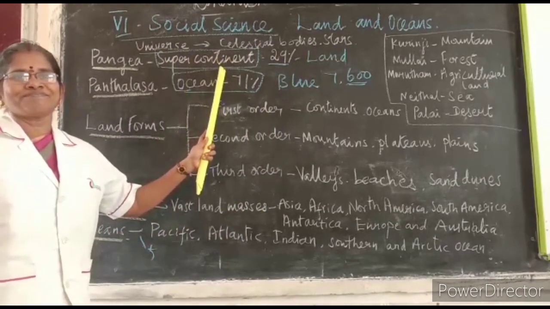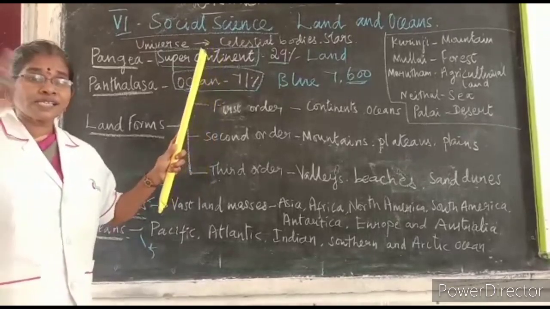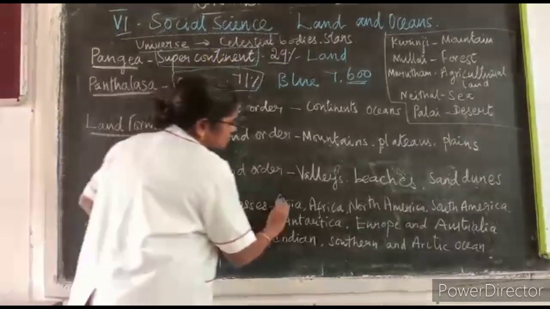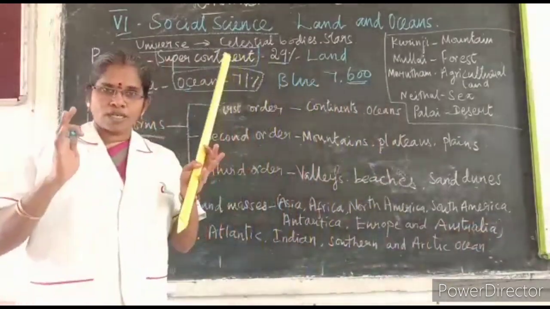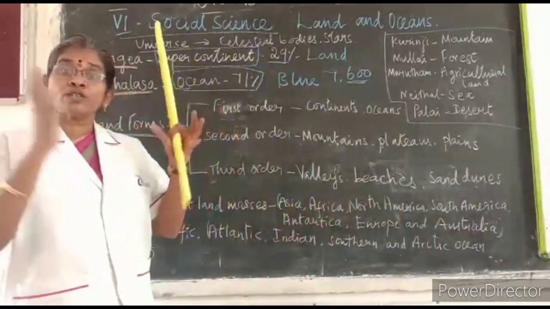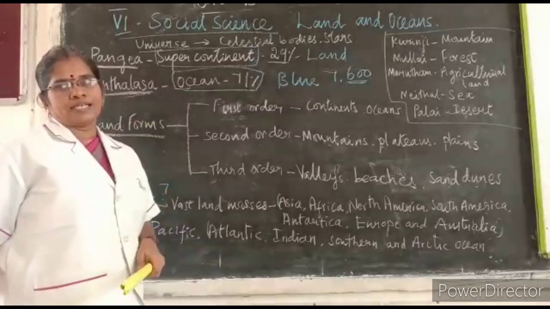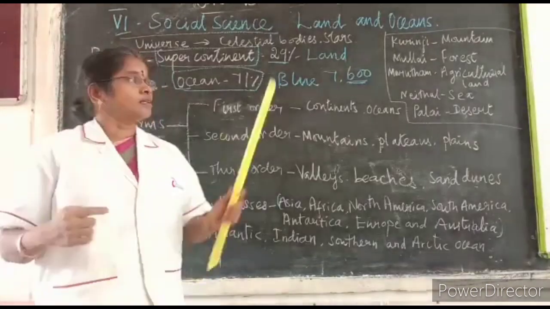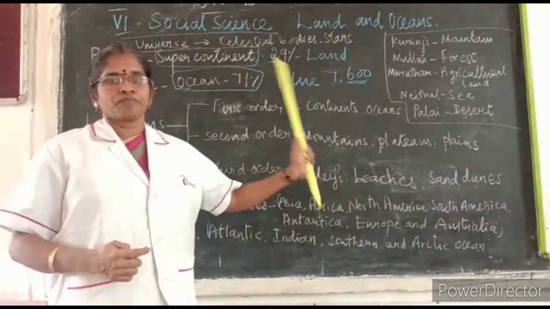Why do we call it a supercontinent? Because all the 7 continents were clustered together at a particular place, and all the 5 oceans were together in a particular place, that we call Panthalassa. Pangaea and Panthalassa. Pangaea means land, Panthalassa means water.